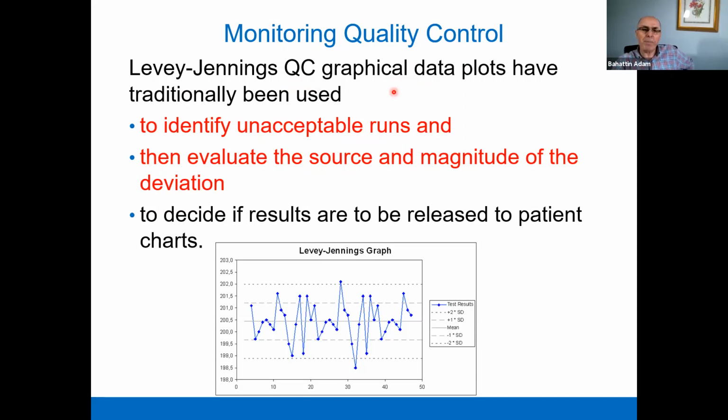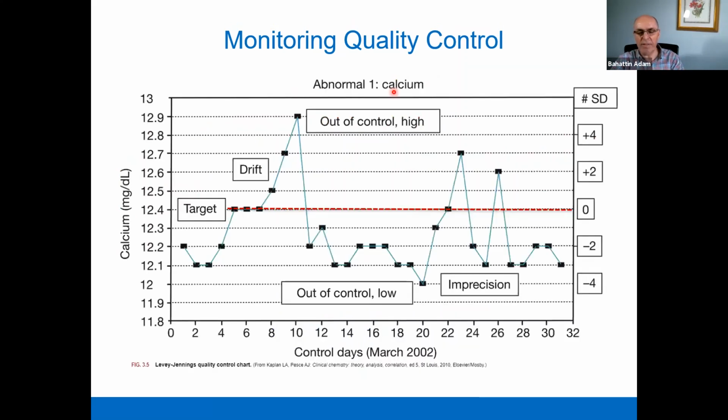Okay, now the Levey-Jennings graphs help us to follow the quality of our test. As you see, here is our target value, okay? It depends on the lab which standard deviation is accepted, 1, 2 or 3 standard deviations.